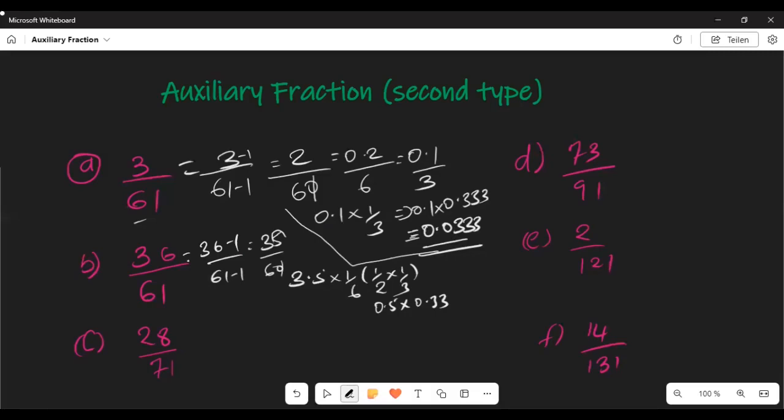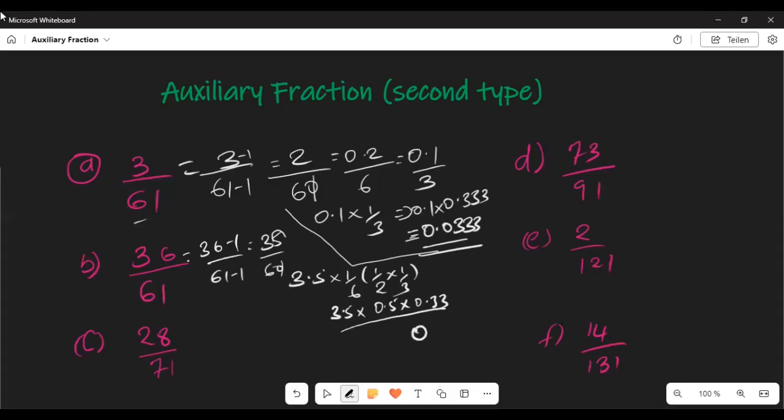So now we want to multiply 3.5 by that: 3.5 multiplied by 0.5 multiplied by 0.33.